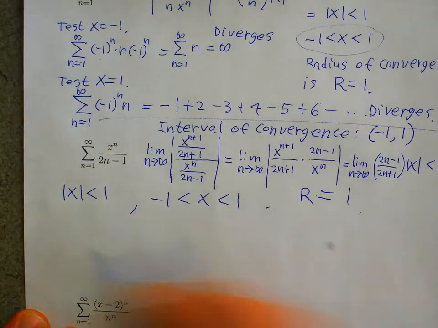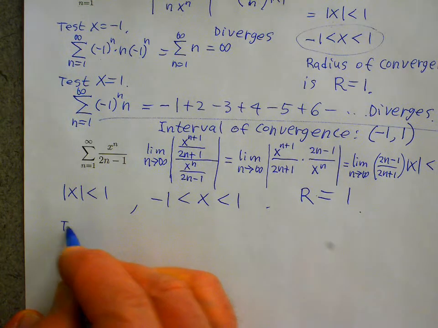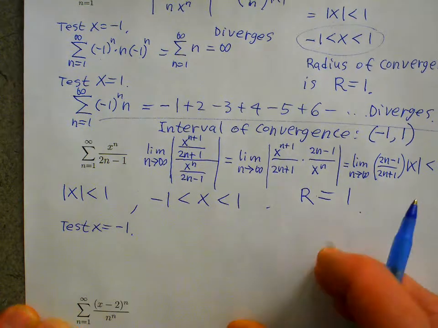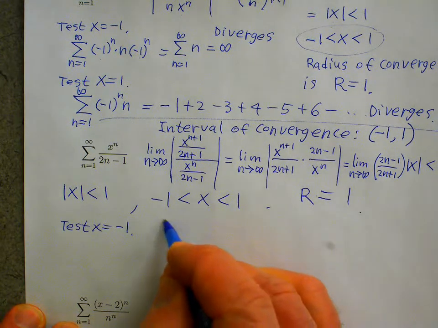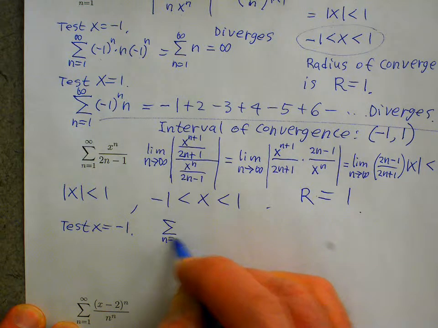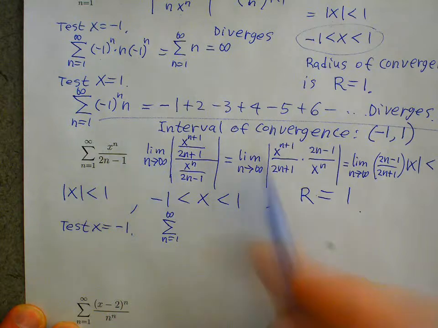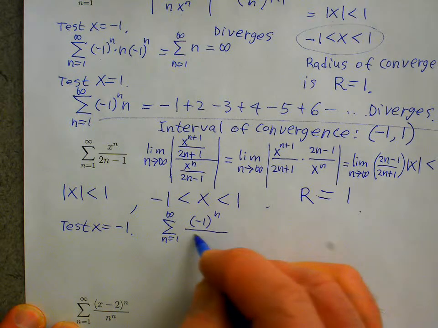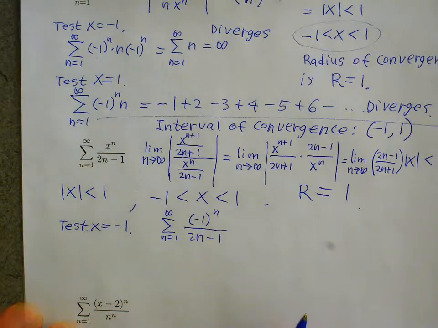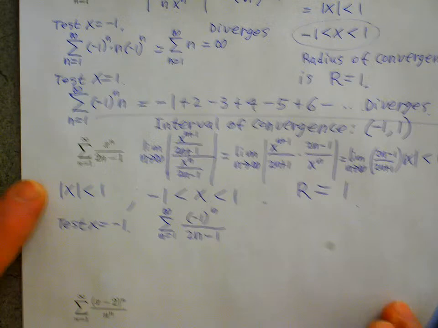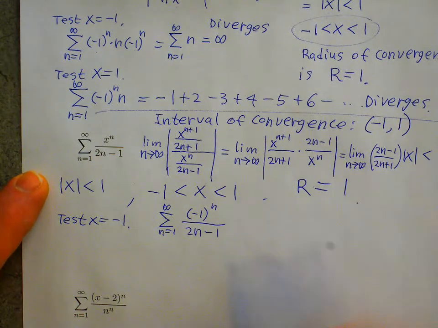So we'll test x equals -1 to start with. When we test x equals -1, we get -1 to the n divided by 2n minus 1. This is an alternating series.